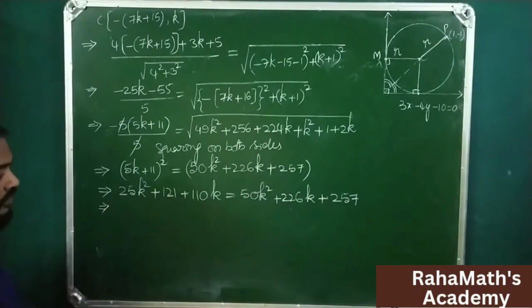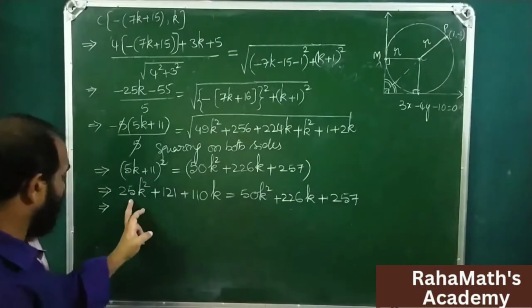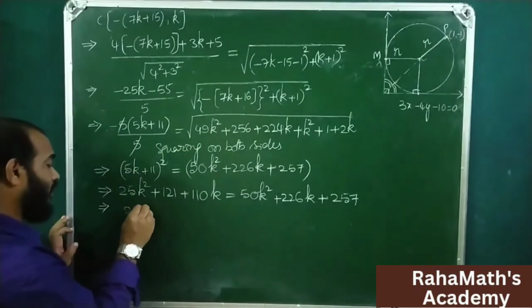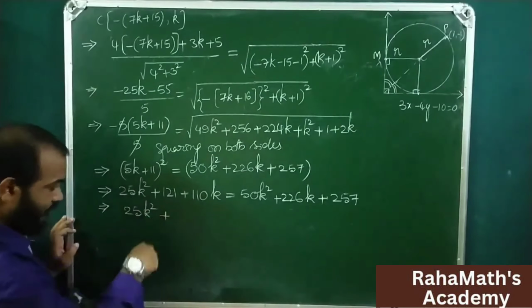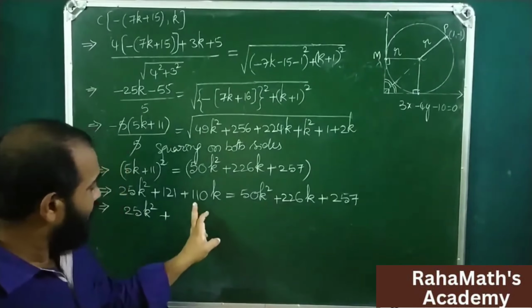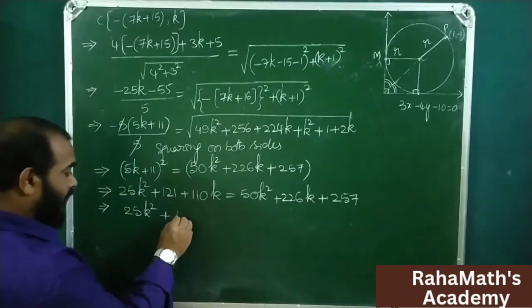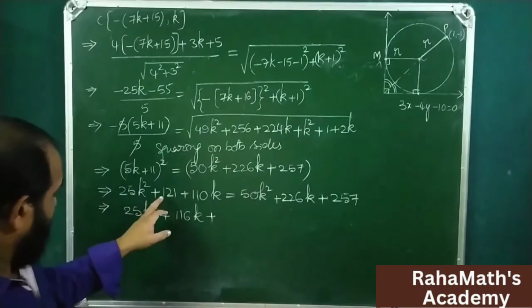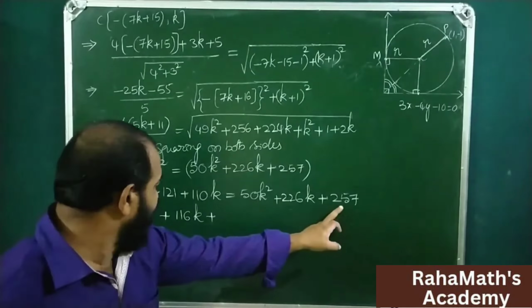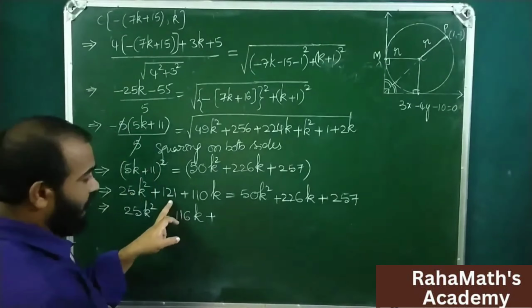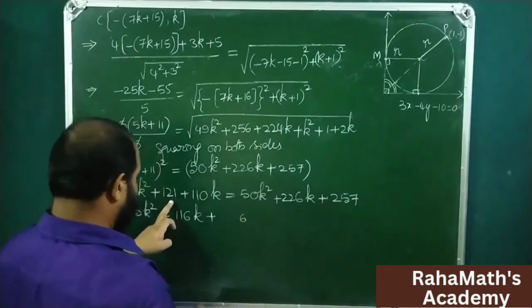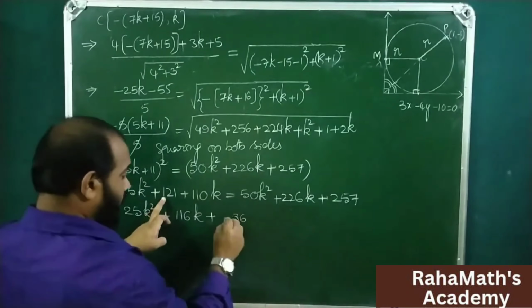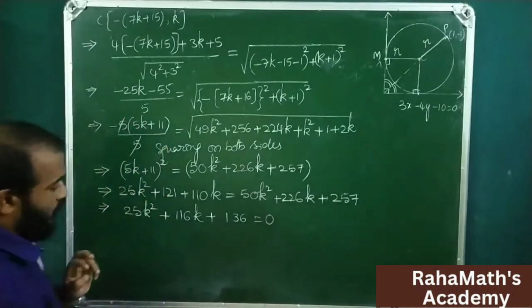This implies, if you transpose, 50 minus 25, 25k square plus 226 minus 110, which is 116k plus 257 minus 121, so 136 equals 0.